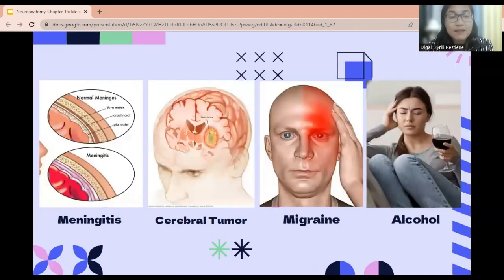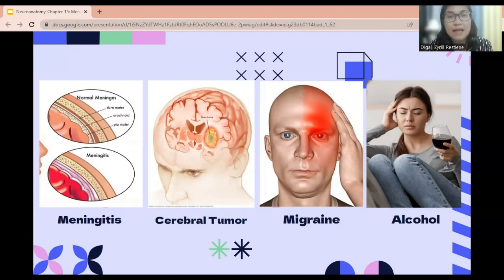So there are different types of headache mentioned in the book. The first one is your meningeal headache or meningitis, which is the inflammation of your meninges that causes severe headache on your entire head as well as the back of your neck. The next one is the presence of cerebral tumors.